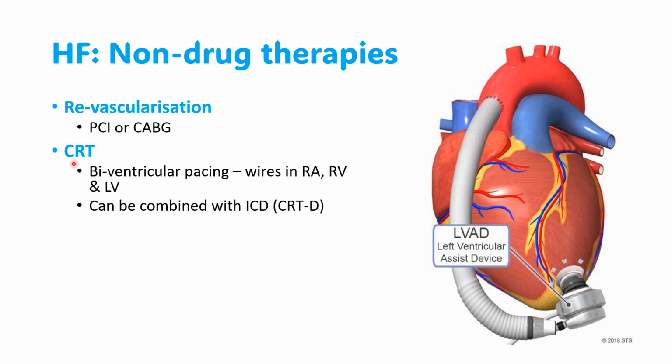And then we have something called cardiac resynchronization therapy. And for heart failure, we tend to use something called biventricular pacing. So we have a pacing device which sits subcutaneously under the left clavicle, and it has these leads which go into the right atrium, right ventricle, and left ventricle.